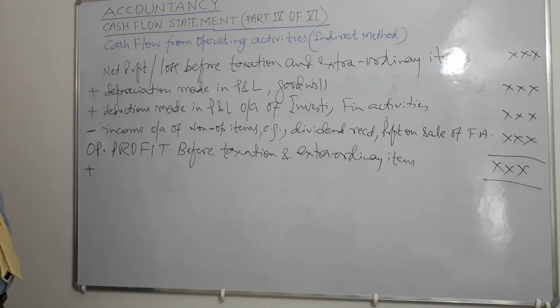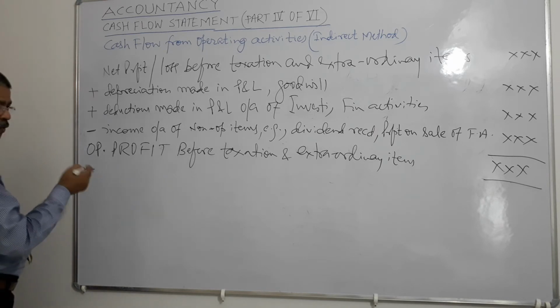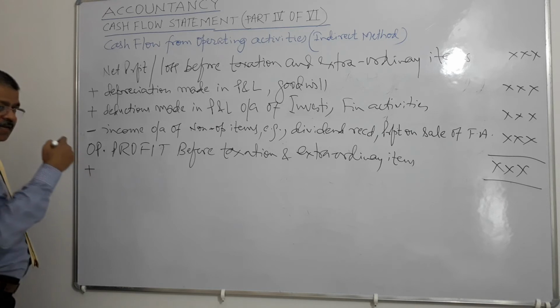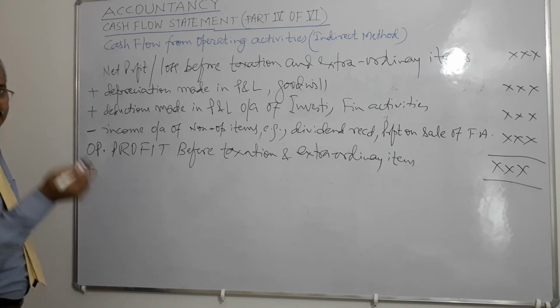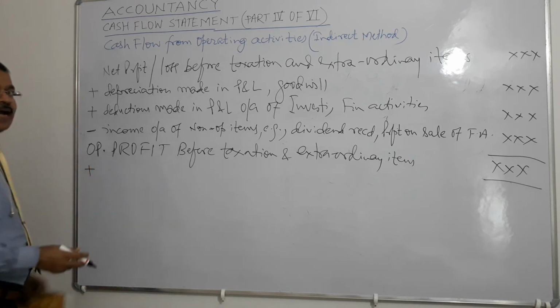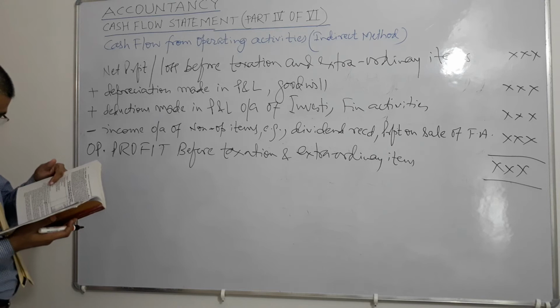We had discussed about change in liabilities. So, what do we add? Increase in current assets will be deducted and decrease in current assets will be added, right?